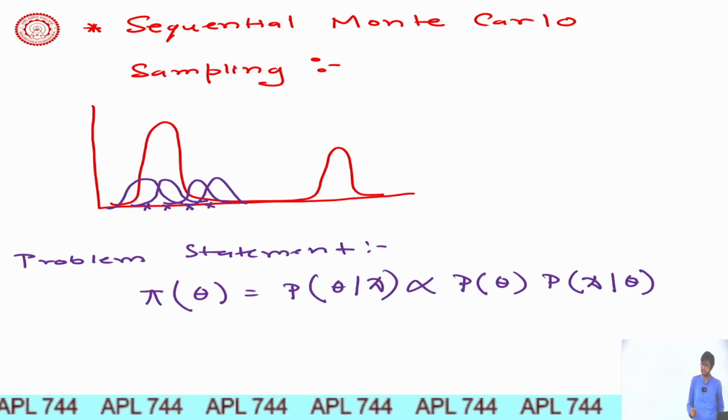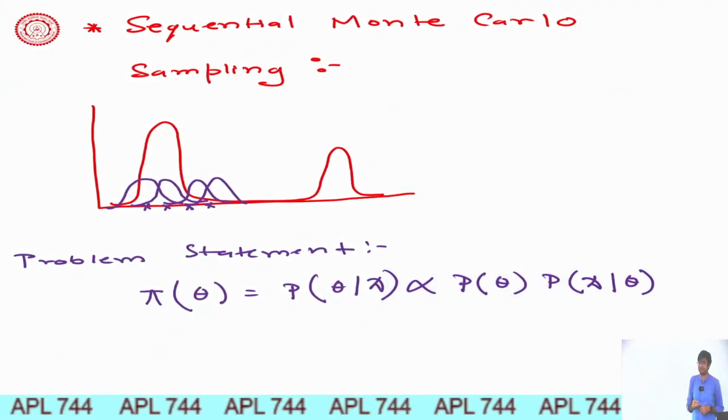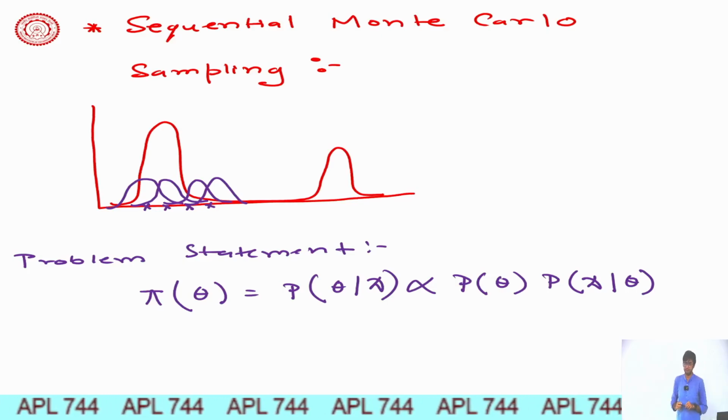Right? We know this by now. Nothing new. And the problem statement remains the same. We want to sample from pi of theta, even for this kind of extreme scenarios as shown above.